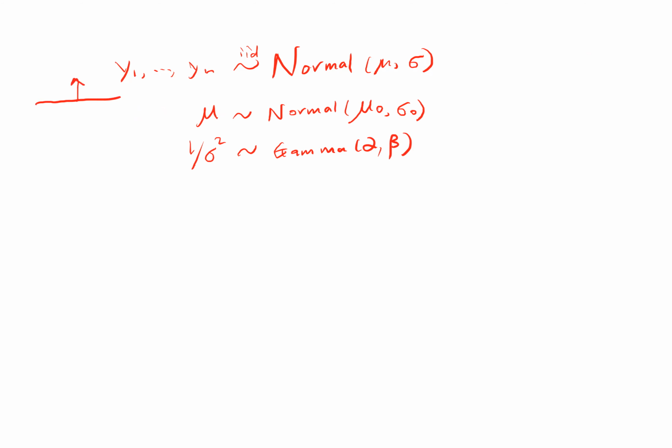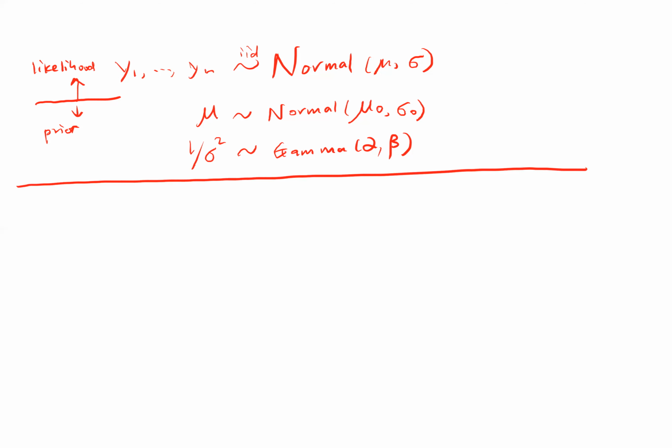So notice that above this is the likelihood, and below this is the prior. But we're giving two independent priors, so that's why you can write them on different lines. And then the goal is to get mu and 1 over sigma, the joint posterior.